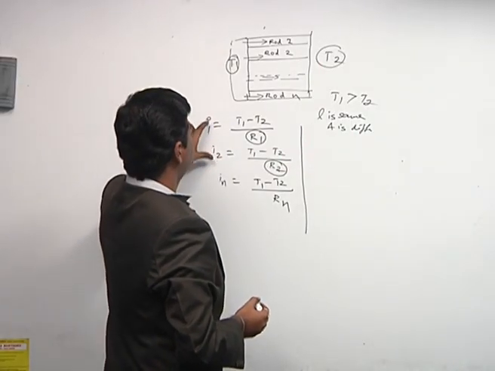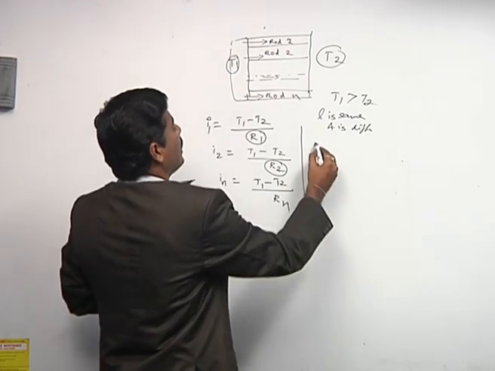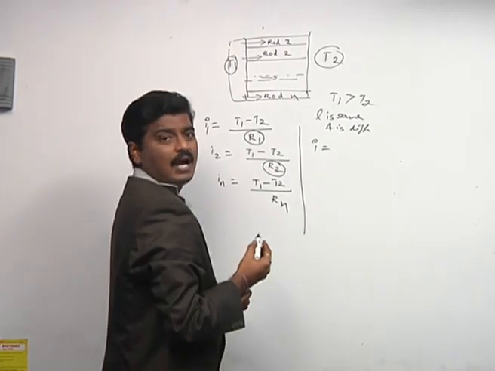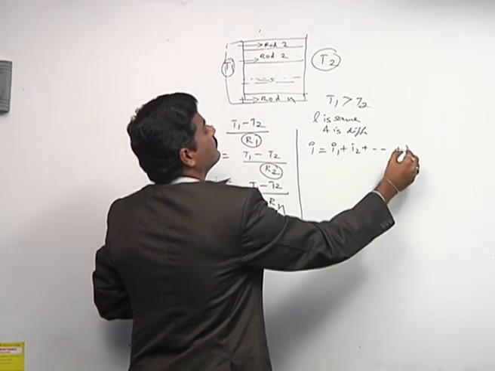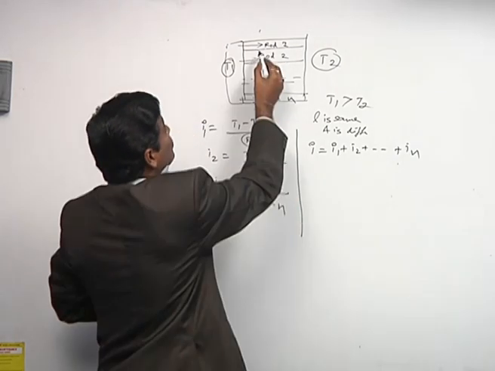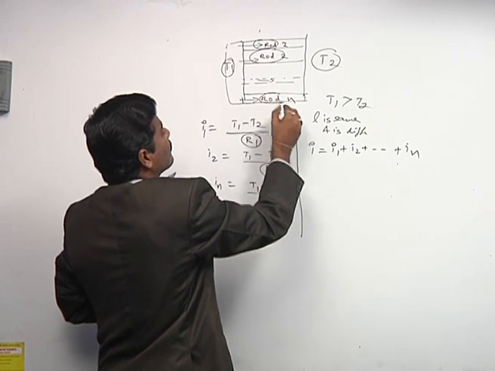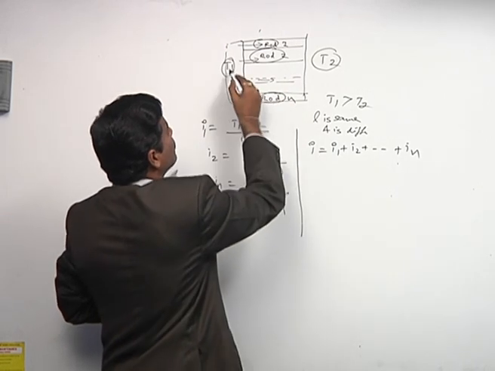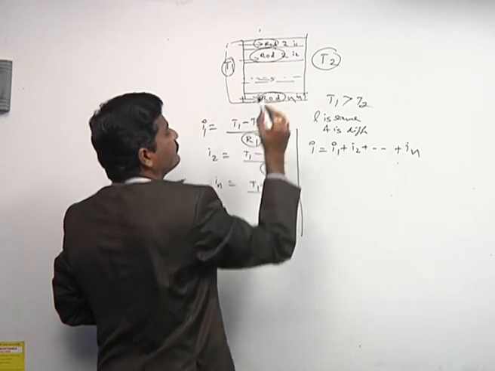The total heat current flows from one rod to the other rods. So the total current I is equal to I1 plus I2 plus In, because heat flows through this cross section, this cross section, and this cross section. I want the total heat flow, which will be the sum of I1, I2 and In.